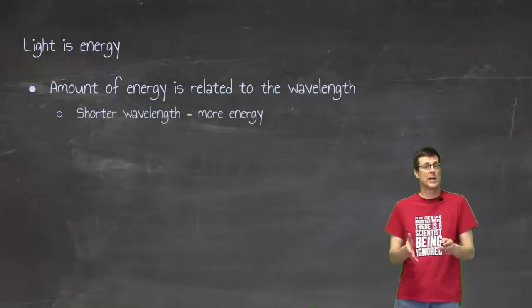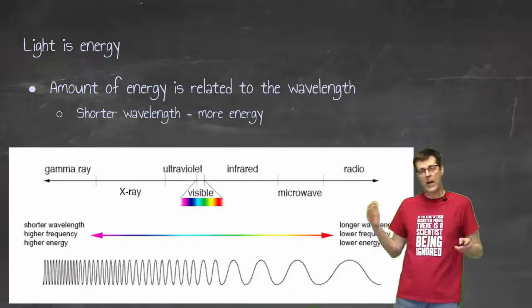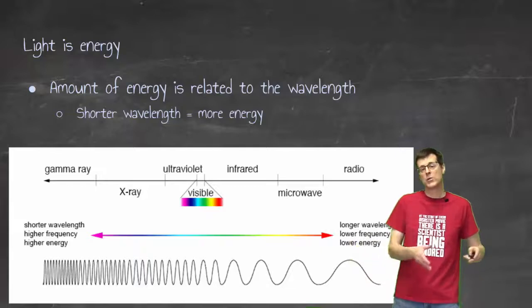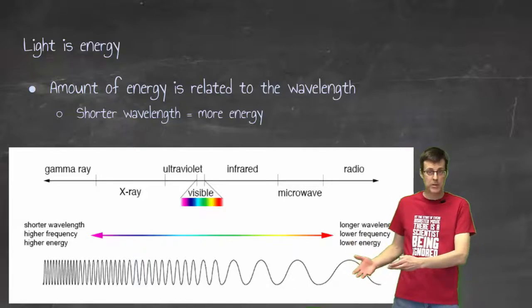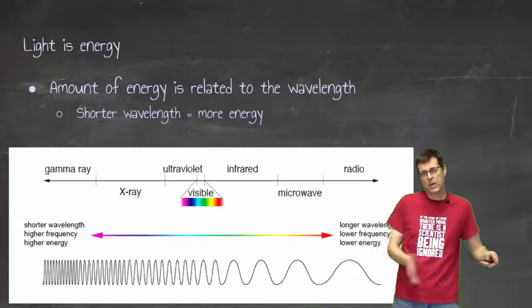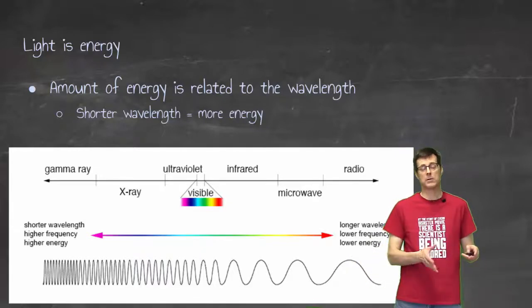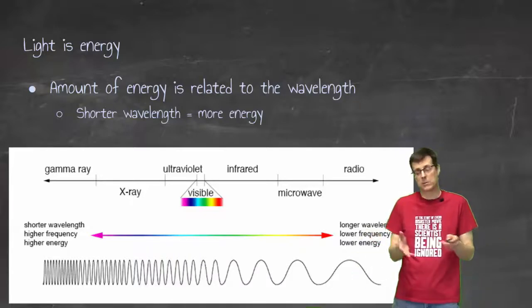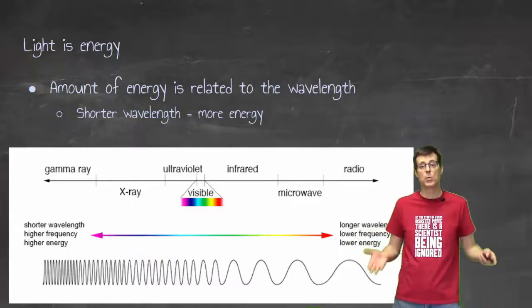If you have a shorter wavelength, you're going to have more energy. Longer wavelength, less energy. And that ends up playing into something called the electromagnetic spectrum, which runs all the way from radio waves on the very long wavelength end, all the way up to X-rays and gamma rays on the very, very short wavelength end. And it's all the same stuff. It's all the same form of energy.